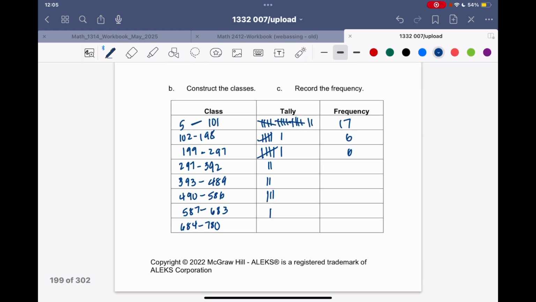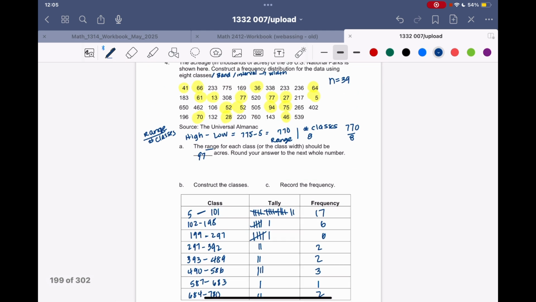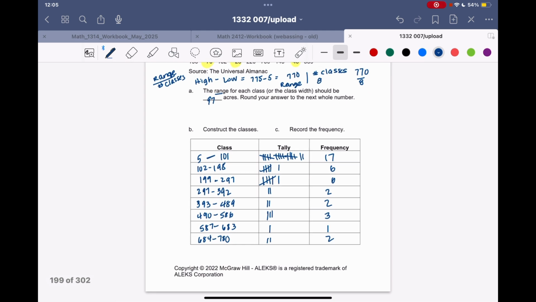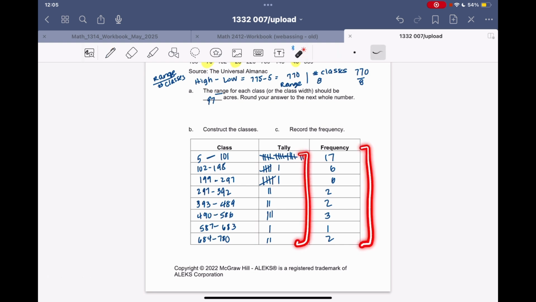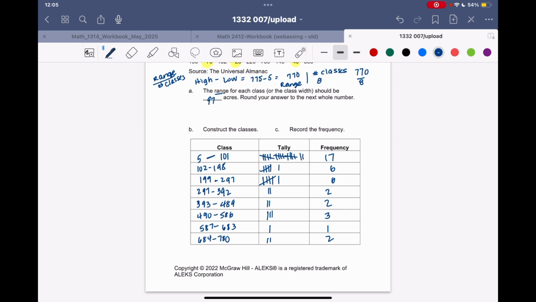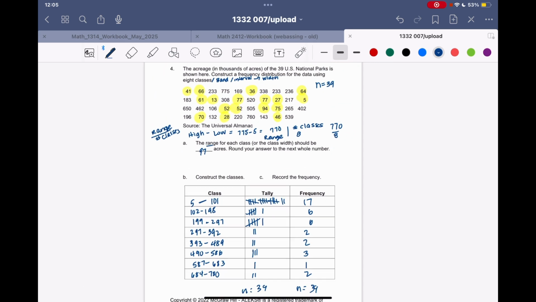So there's 2 there. And then we want to, again, make sure that our N adds up to 39. So altogether, this needs to be 39 and this needs to be 39. So this is 39. Right? And that's how you find the frequency.